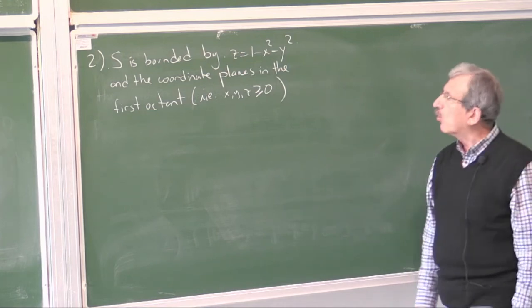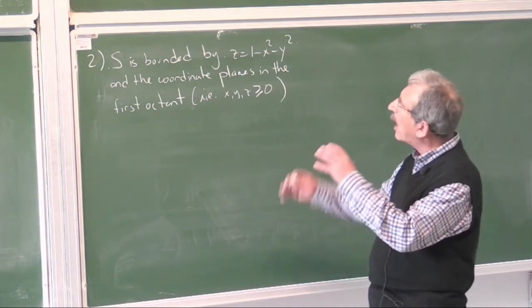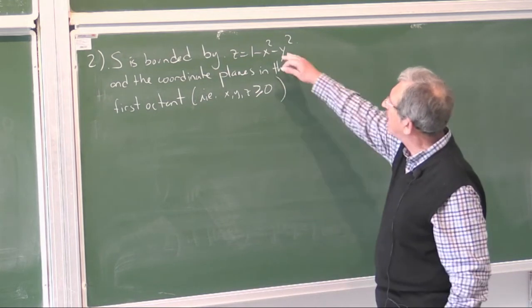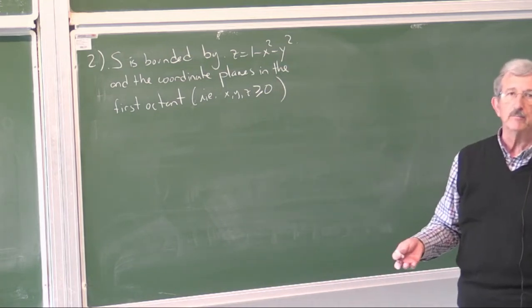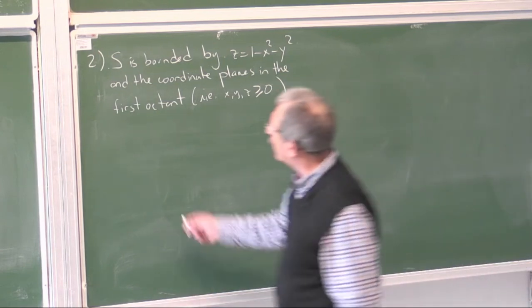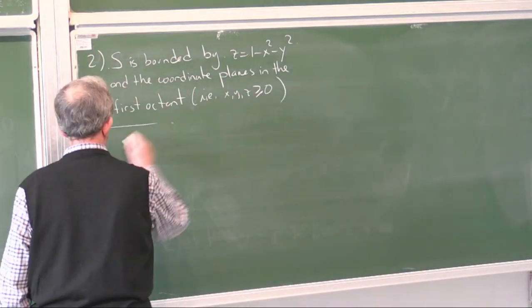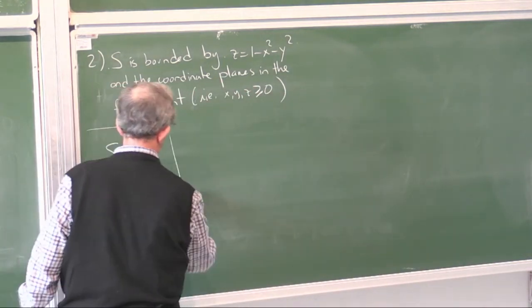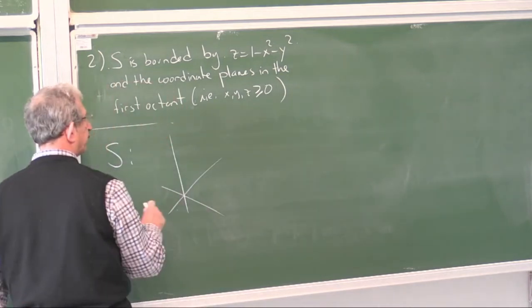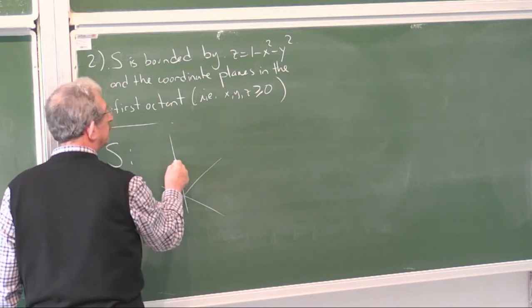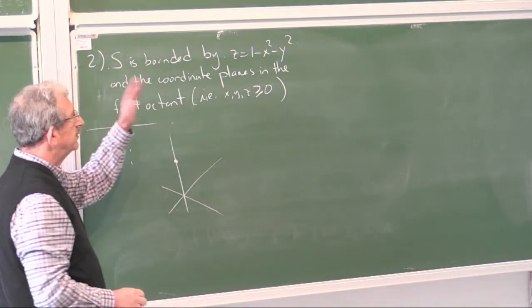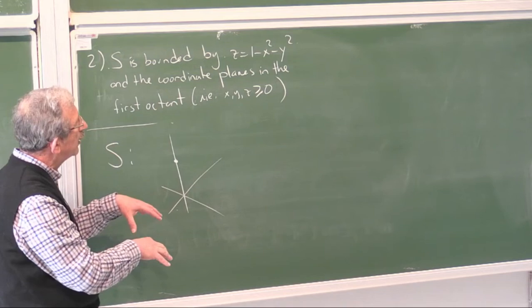So the coordinate planes now bound the figure, and the figure is clearly an upside down paraboloid. So we get the following picture. When x and y are zeros, z is 1, and minus makes an upside down paraboloid.